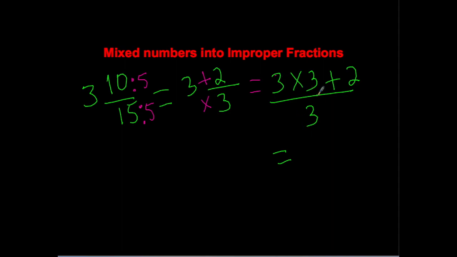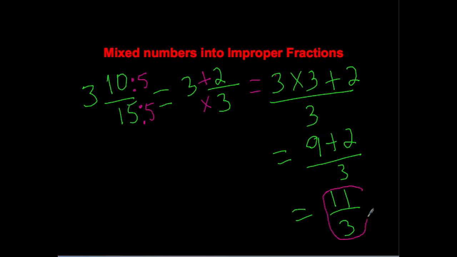Remember, when you have multiplication, you do that first. So this is 9 plus 2, which is 11 over 3. So this is your improper fraction. The reason it's an improper fraction is that the 11, which is the numerator, is larger than the denominator.